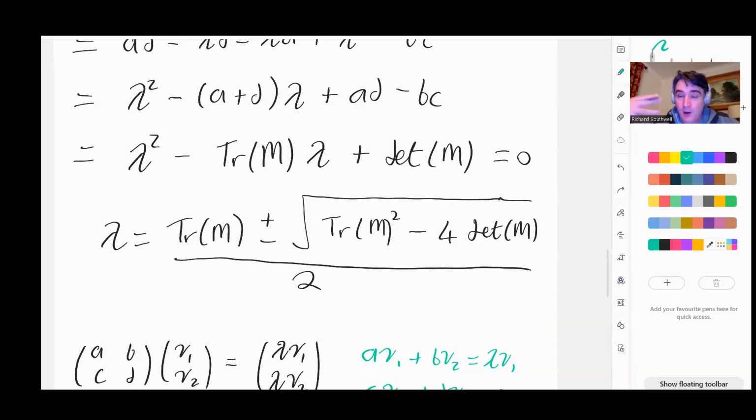So if you've solved quadratics before, you'll know that this sort of quantity here is very important. And based on whether it's positive or 0 or negative, the whole system is going to act in a different sort of way. And so really what we're doing here is we're looking at this quantity, and that's really what's characterizing the behavior of the matrix.